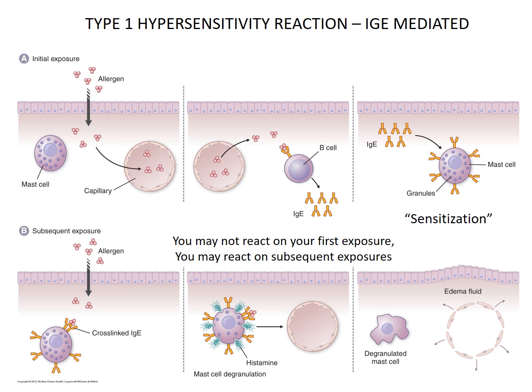On subsequent exposures to the same allergens, that allergen will bind that fixed IgE, cross-linking then of the IgE molecules on the mast cell then result in destruction of the cell membrane, degranulation, and release of the inflammatory mediators, specifically histamine.